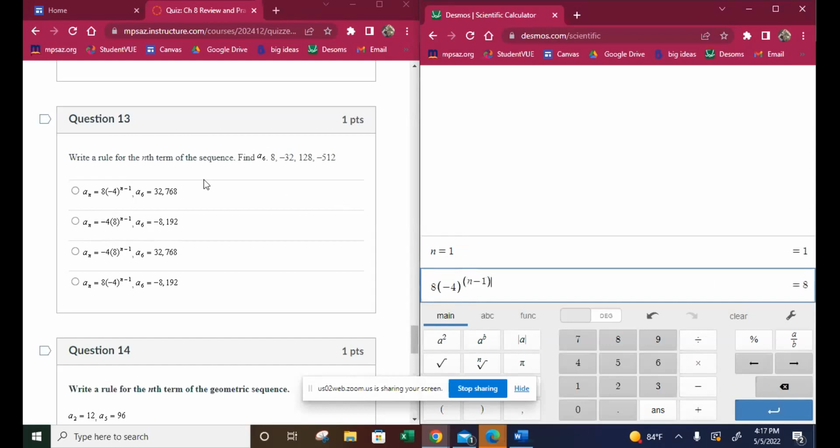Now try n equals 2 and see if it gives you the second number in the sequence. 32. Yeah. 128. Yeah. So that one looks right. So now try 6 and see if it actually gives you the number you're expecting. Oops. No. So where is the right answer now? It would be that one.